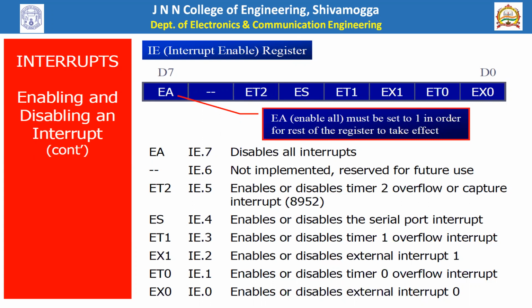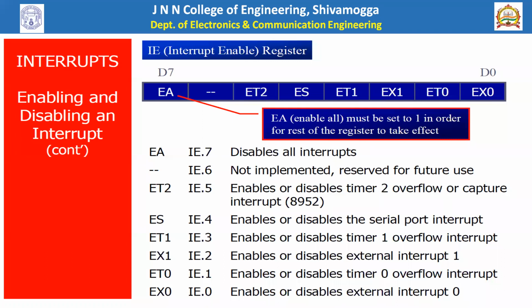Bit number 7, if you make it 0, it disables all interrupts. So always, if you want to set all interrupts, you have to make bit number 7 1. Afterwards, independently, you can disable. Suppose you do not want the serial port interrupt, then you substitute IE.4 as 0.